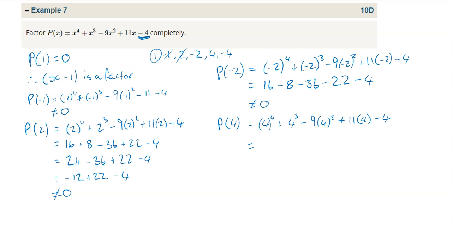Yeah, good observation. So, what's 4 to the power of 4? 4 squared is 16, then times 4, 64, times 4 again, 256. Yeah, 64 times 4? Yeah, 256.